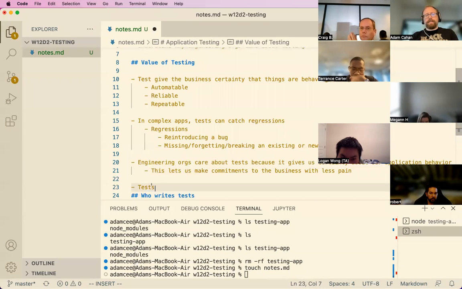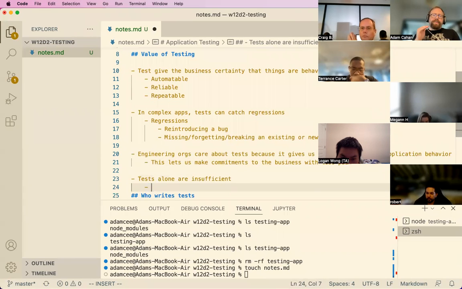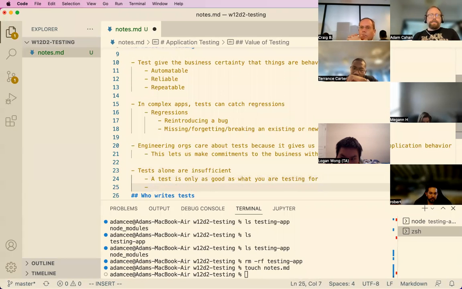Tests alone are insufficient. A test is only as good as what you're testing for. If we don't think about writing a test for something, then we'll never catch it. A company like Nordstrom's will also have a QA process with humans involved, as will really any business that has an engineering team and a consumer-facing product.